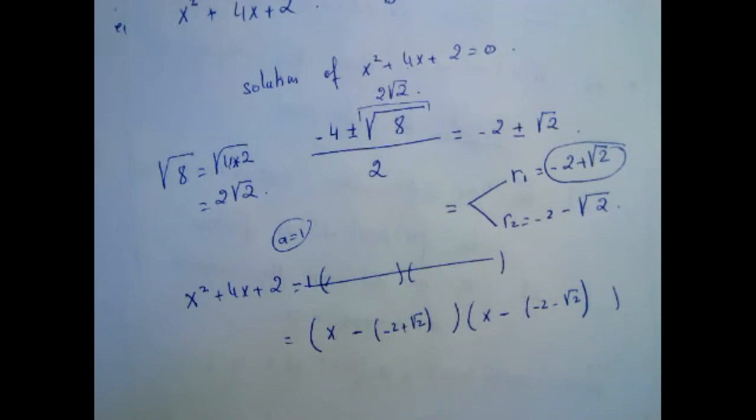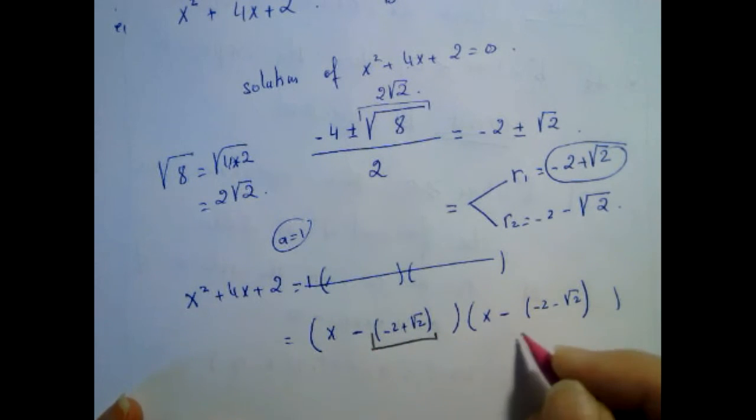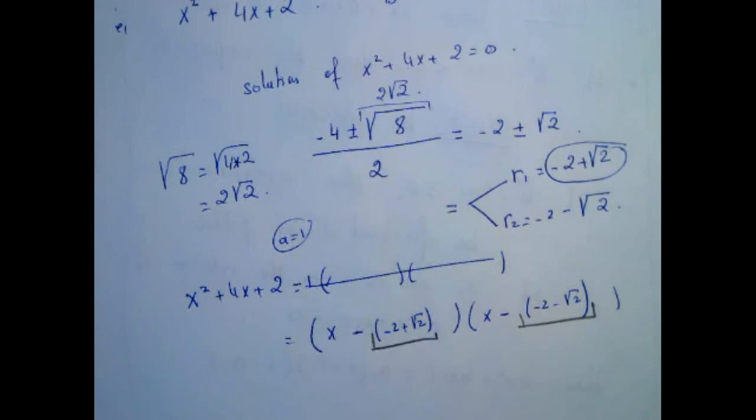So it's not that we cannot factor, it's just that we don't see what the factors are. It's so hard for us to see that those are the factors. If you multiply this out now, it's a nightmare, I won't do it, but you're going to get x squared plus 4x plus 2. So that's how the factorization works. Not being able to do it does not mean you cannot do it. It means you don't see it, okay?